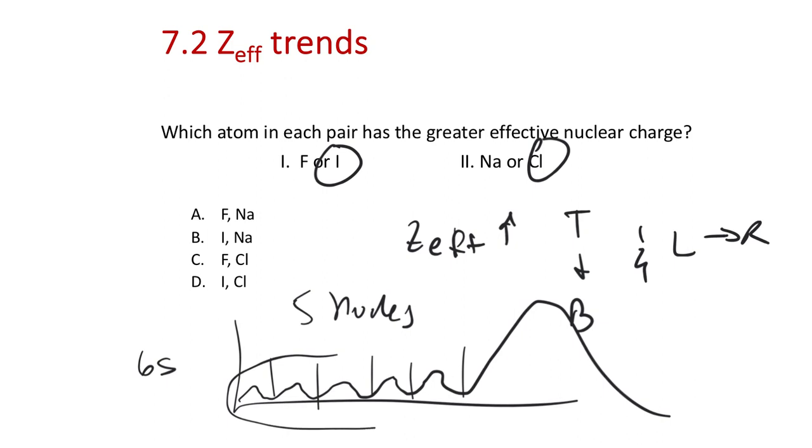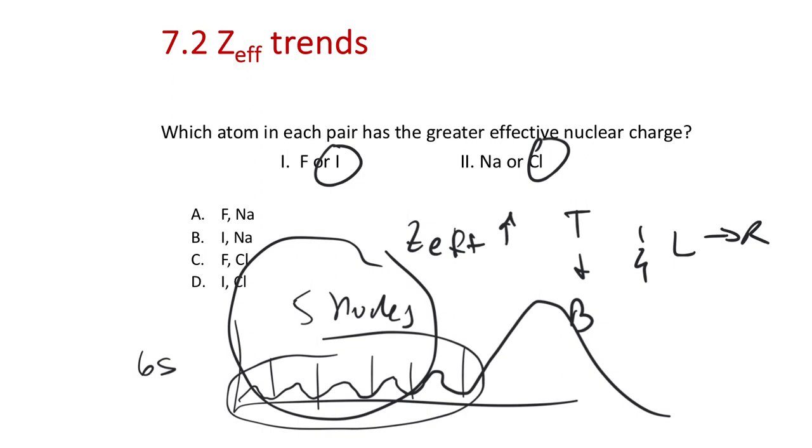All of these little probabilities of the electron being relatively close to the nucleus add up to an orbital in the 6s having a relatively higher effective charge. Also, the core electrons in this region are just not absorbing as much charge. So as you go from top to bottom, you get a slight increase in your effective charge. So iodine is going to be higher than fluorine, and chlorine will be higher than sodium, so that should be answer D.